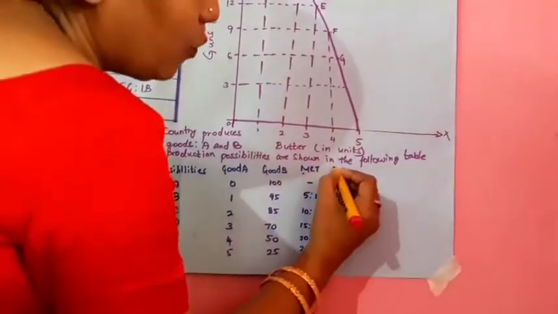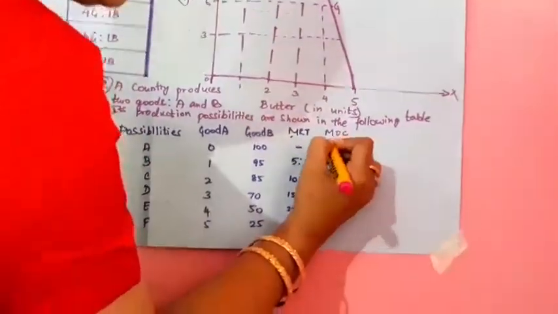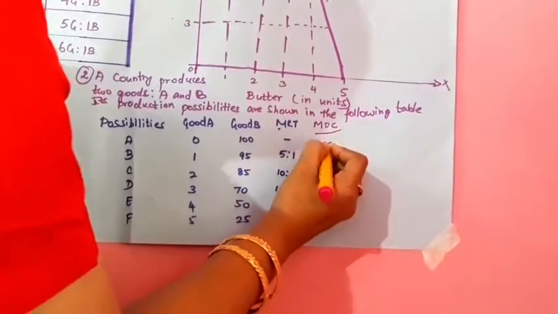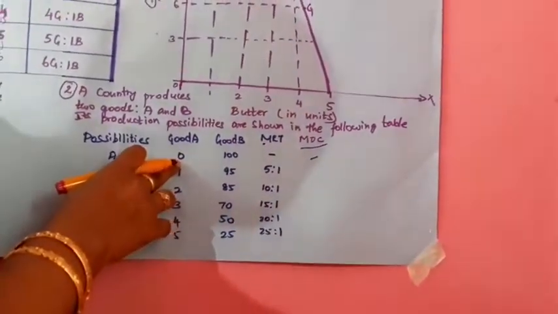Okay, you find out what MOC is first. The first MOC will be a dash because it is 0.